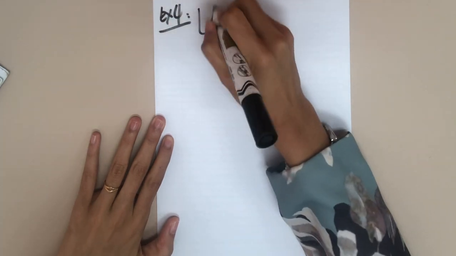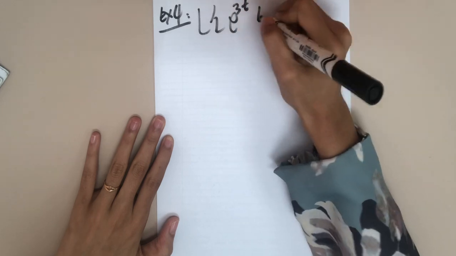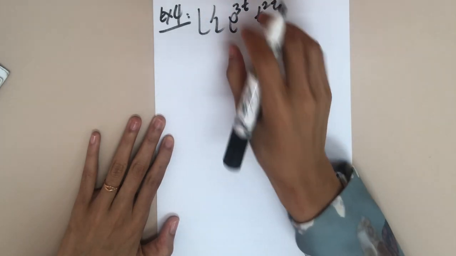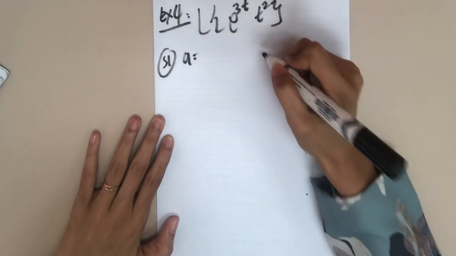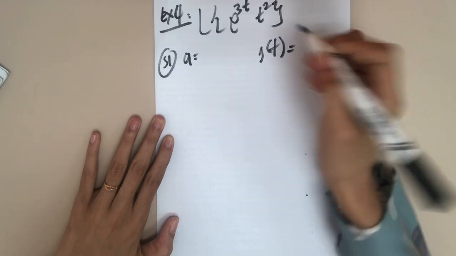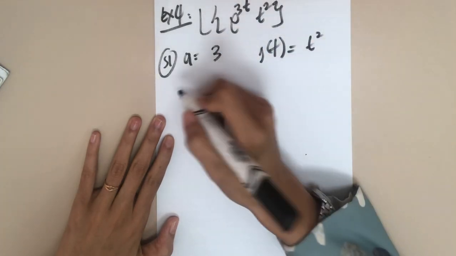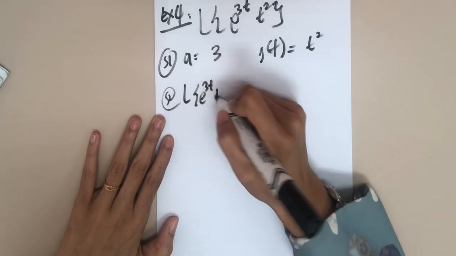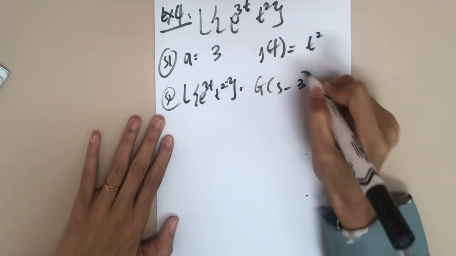Alright, last example. Let's say this question asks you to find the Laplace transform for e to the 3t times t square. Of course it has an exponential, so you need to use first shifting. Step number 1, identify your A and your g(t). This is your A and this is your g(t). Step number 2, write down the final answer first: G(S minus 3).